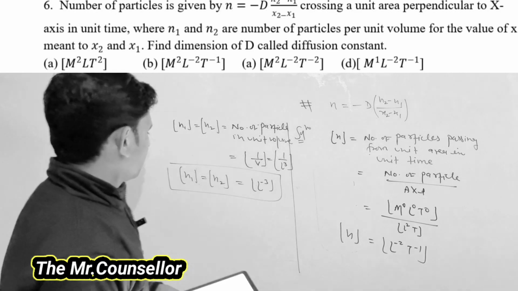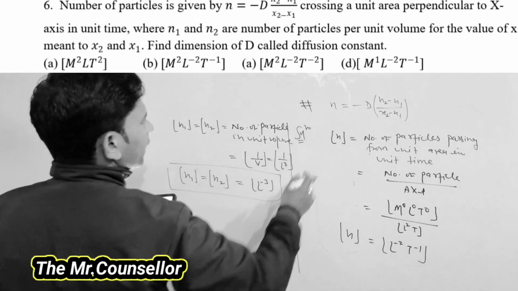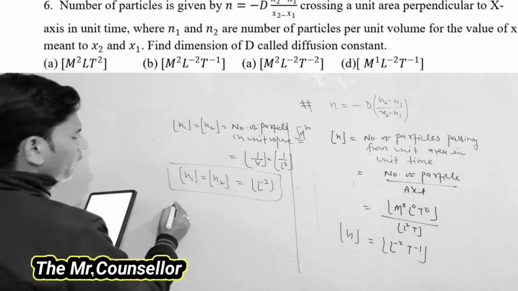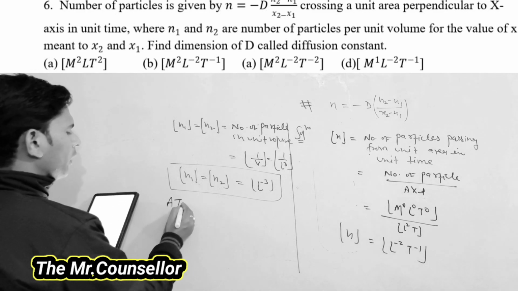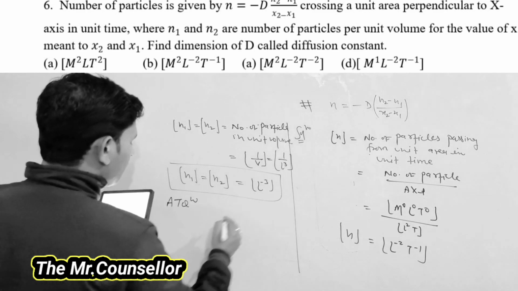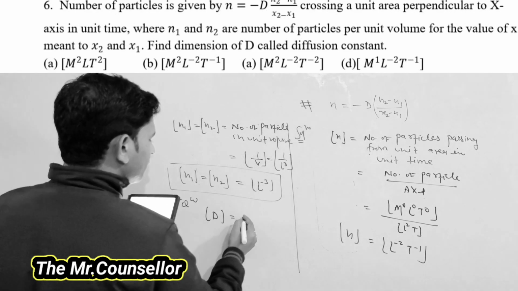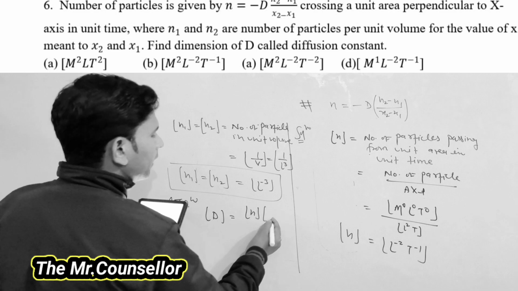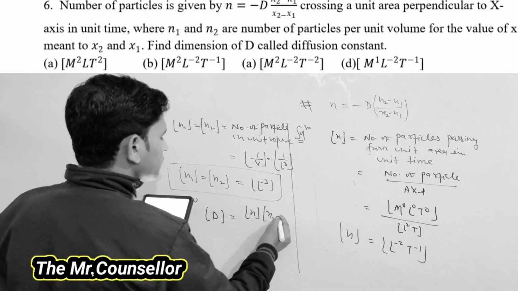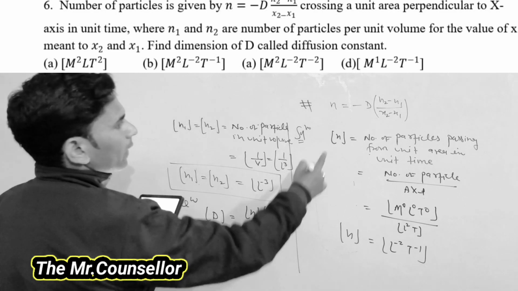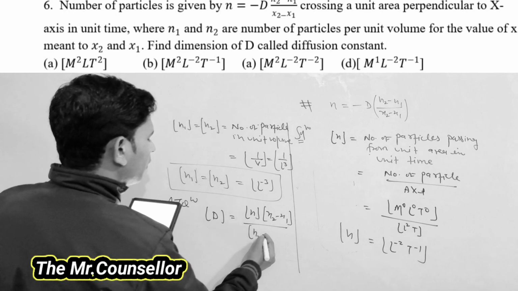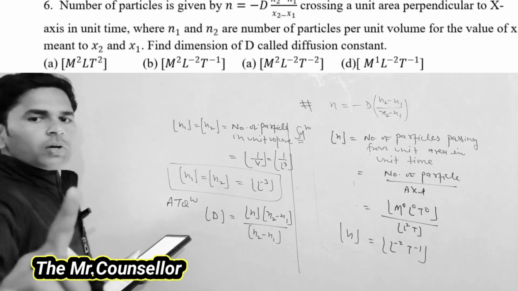According to the question, the dimensional formula of D equals the dimensional formula of n into the dimensional formula of (x2 minus x1) divided by (n2 minus n1).